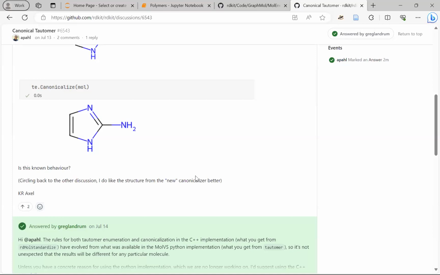No, I can't. And that's just because I don't remember. We have to look at the code. So the rules are enumerated. There's a set of rules for doing the enumeration, which are based upon a paper from the NCI group from years ago. And we've extended those a little bit, but it's basically enumeration based on those rules.